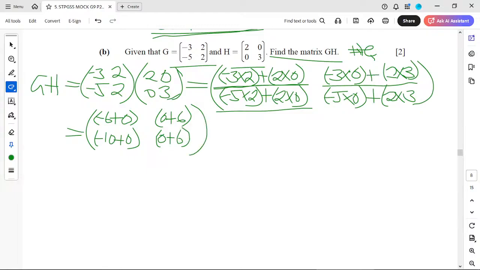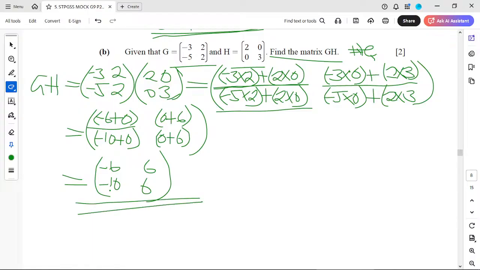Then we close the entire matrix and say equal to. Then we find the sum of these expressions inside. Open the matrix: negative 6 plus 0 gives us negative 6, then 0 plus 6 gives us 6, then negative 10 plus 0 gives us negative 10, then 0 plus 6 gives us 6. And this is the final answer.